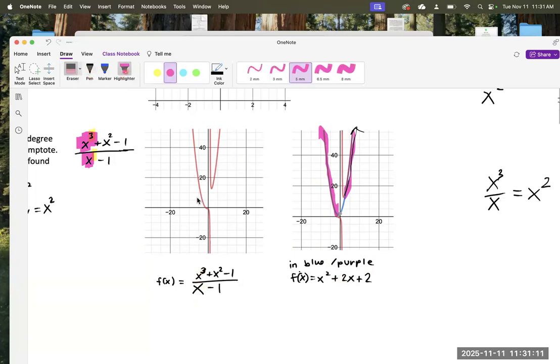It just looks like the end behavior of the original function. There's an added little blue part right there, but I just wanted to point that out.